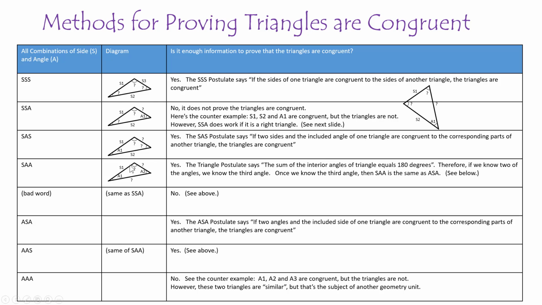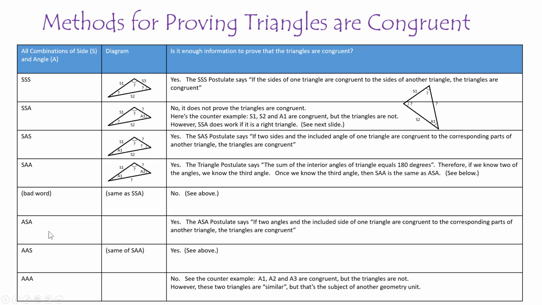We would know this, you could call it A3. And because you know this A3, you have angle, side, angle, and you'll see below that there's a postulate for angle, side, angle. So side, angle, angle works.